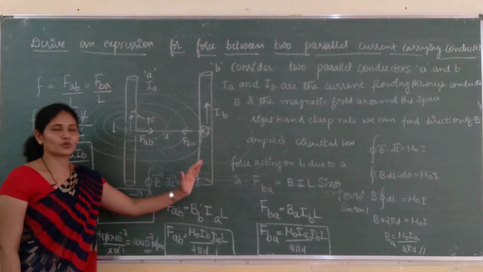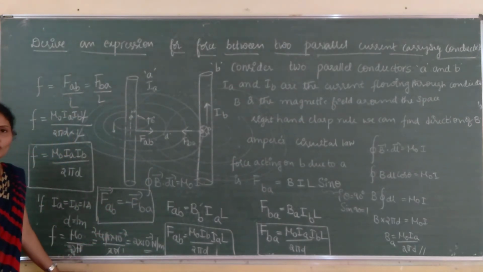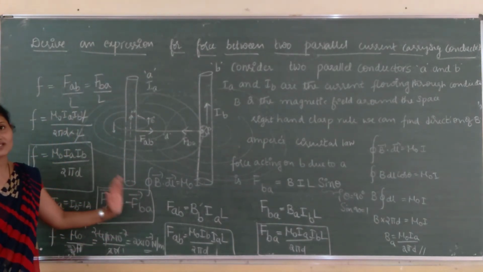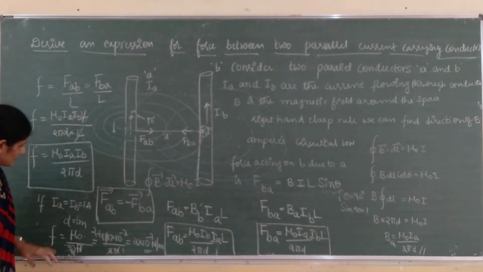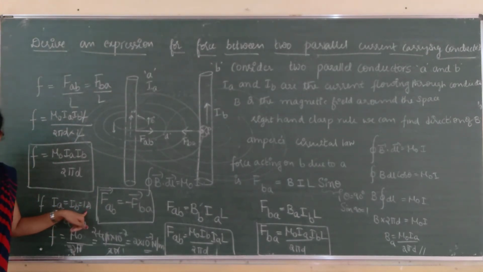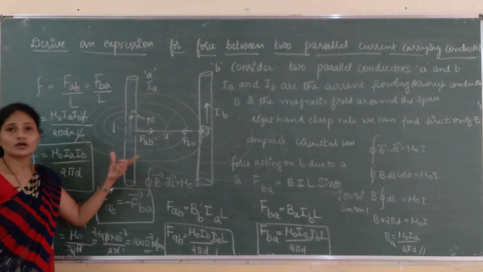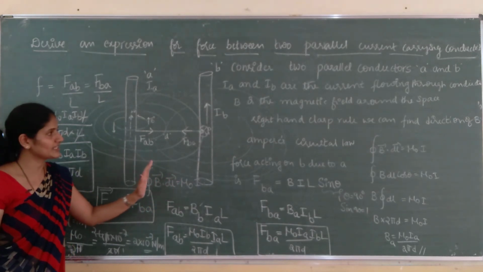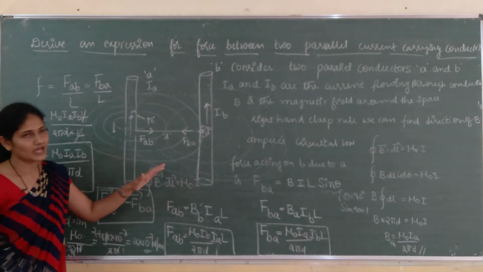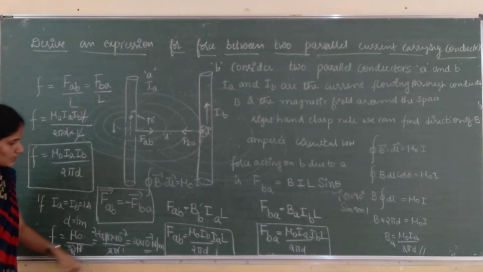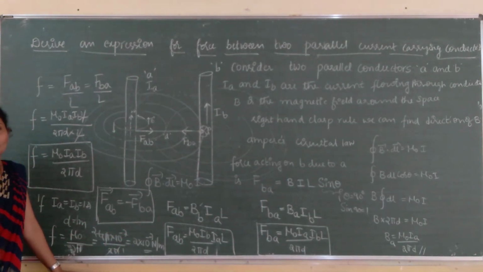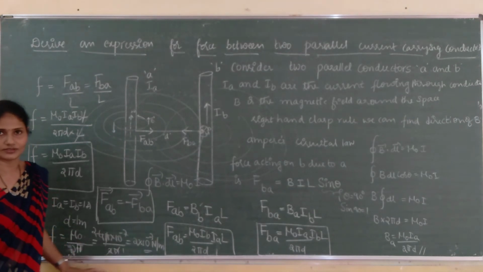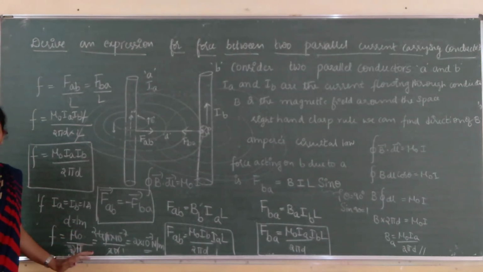When the force between the two conductors is 2 into 10 to the power minus 7 and the distance between them is 1 meter, then 1 ampere is the steady current flowing through the two parallel conductors placed 1 meter apart in vacuum, which would experience a force of 2 into 10 to the power minus 7 Newton per meter on each other. So, this is the definition of 1 ampere.